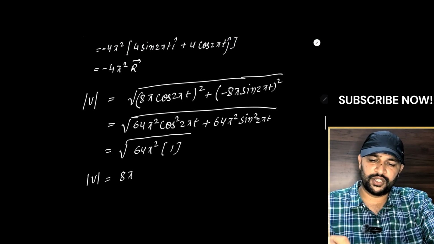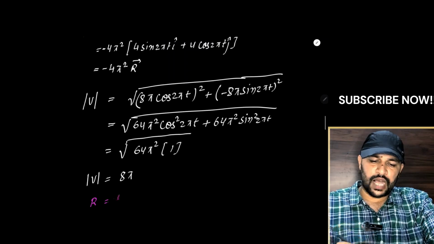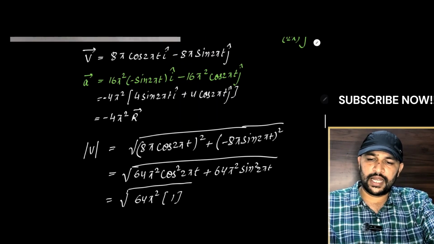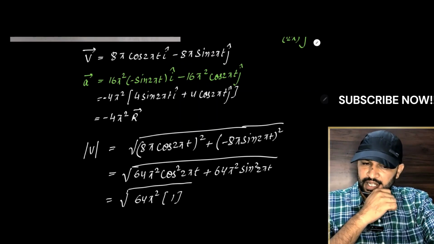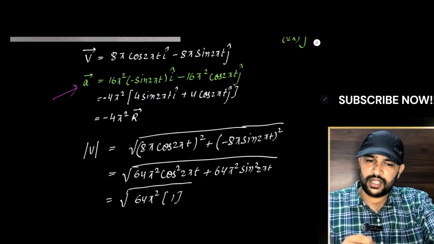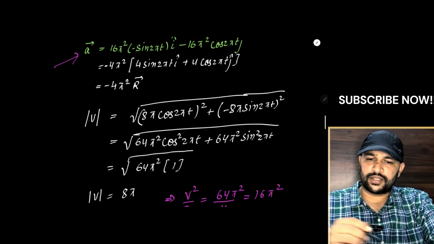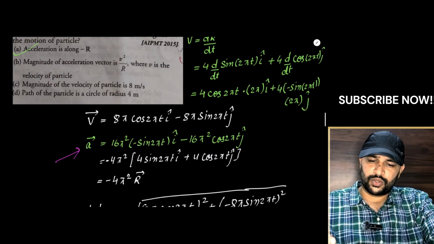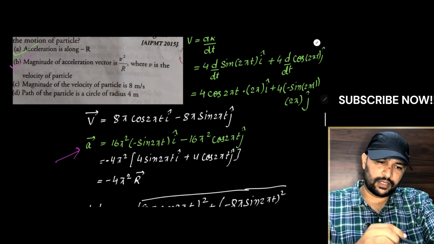So, root 16 is 4. Great. So, r we got as 4. Now, let us see v square by r, that will be 64 pi square upon 4, that is 16 pi square. And if you look at the acceleration vector and find its magnitude, it gives you the same thing, 16 pi square, right. So, option B is also correct.